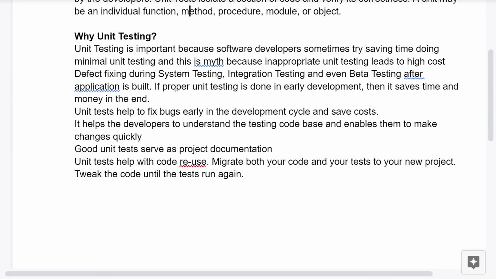If proper unit testing is done in early development, then it saves time and money in the end. Unit testing helps to fix bugs early in the development cycle and saves cost.